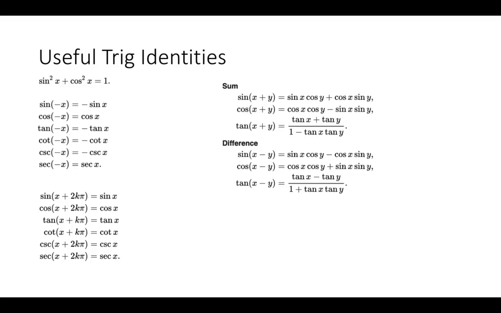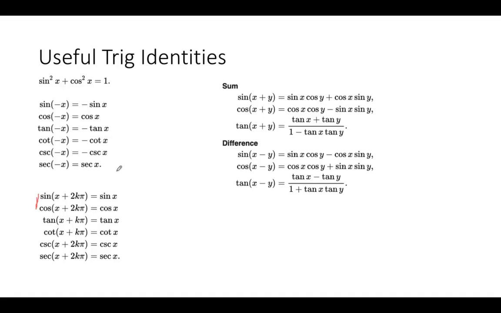Another useful one is that if k is an integer, if you look at these expressions in the second group here for sine and cosine, then the sine of x plus 2 times any integer multiple of pi is equal to the sine of x. Same with cosine. Actually, same with all of the trig functions other than tangent and cotangent, where you don't need the 2.